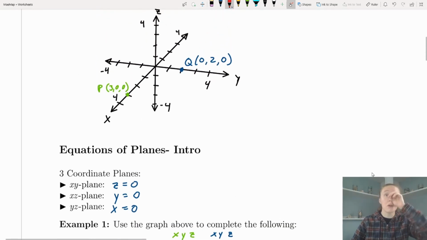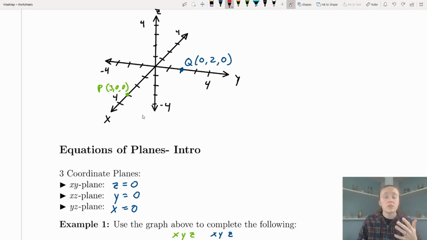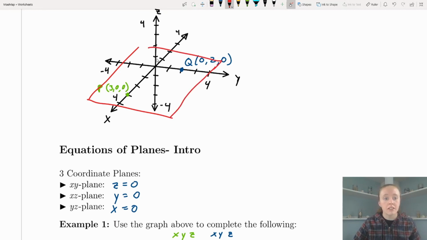If I told you to go ahead and make a plane right now given these 2 points, well, we're not quite sure of, let's just call it the tilt of the plane, because I could draw that plane vertically, or I could draw that plane horizontally, or I could draw it at an angle. So I could have that plane going perpendicular to Z, I can have it running parallel to Z. And if we think about it, if I drew that plane horizontally, since Z is 0, that's essentially just going to be that XY plane.